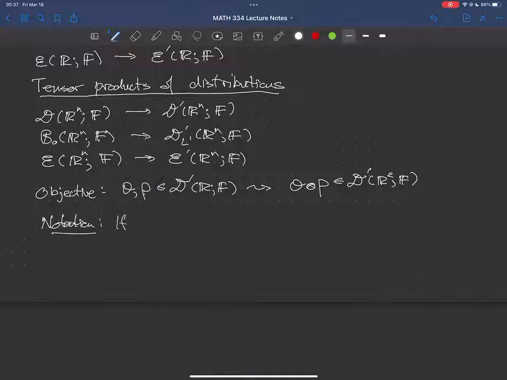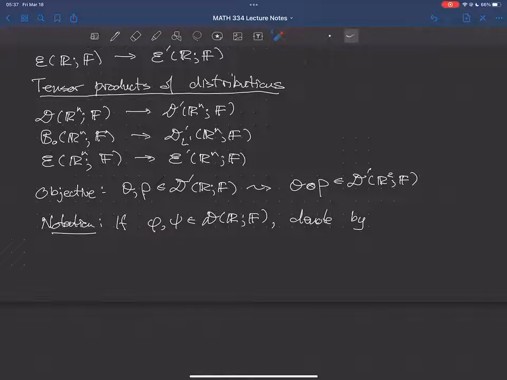If phi and psi are test functions of a single variable, then we're going to define a test function of two variables in kind of an obvious way. It's going to be a function of two variables, say s and t, and we're just going to take the function of s and t which is phi of s times psi of t.